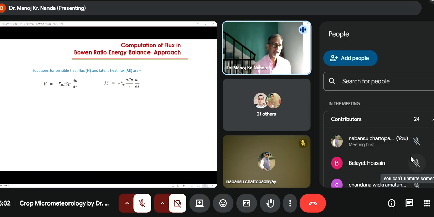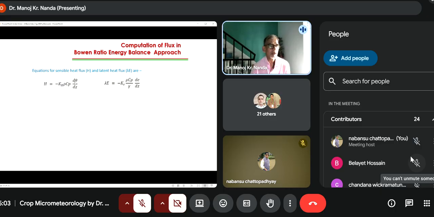Now, if you see that aerodynamic formula, your H is actually K_H, the heat transfer coefficient, into rho into Cp. Rho into Cp is practically the heat capacity of the air pocket. Cp is your specific heat and rho is your density.